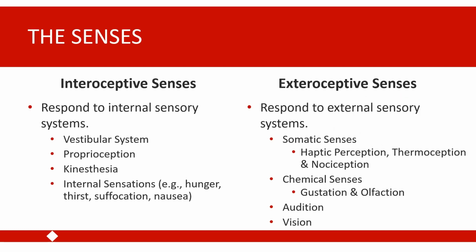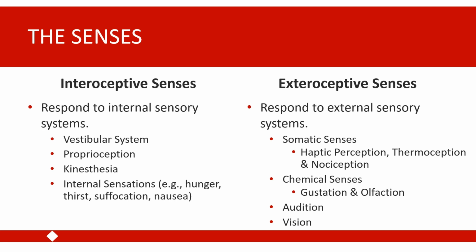So that wraps up our review of our different senses. We have our interoceptive senses that are responding to sensory systems and information internal to the body, things like our body's sense of balance, our ability to sense where our body is in space, and our ability to sense our body's movement through space. Our interoceptive senses also give us information about internal bodily sensations, such as hunger and thirst.